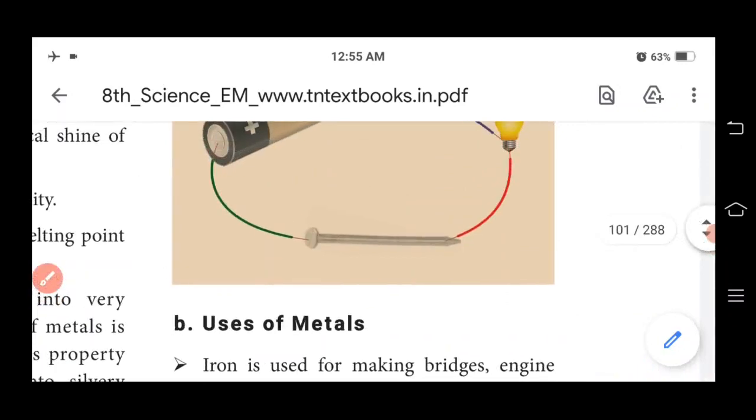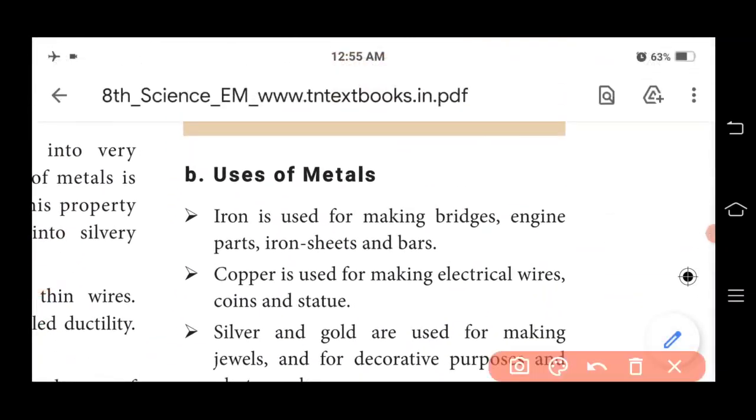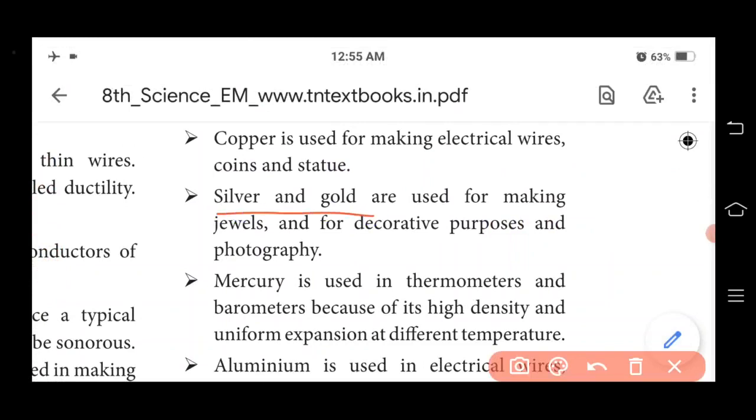And then uses of metals. Iron is used for making bridges, engine parts, iron sheets and bars. Copper is used for making electrical wires, coins, and statues. Silver and gold are used for making jewels, for decorative purposes and photography.